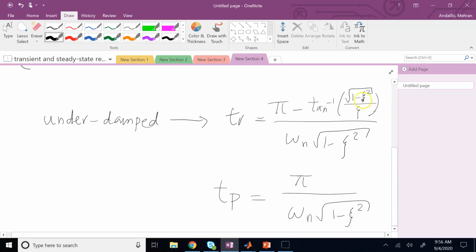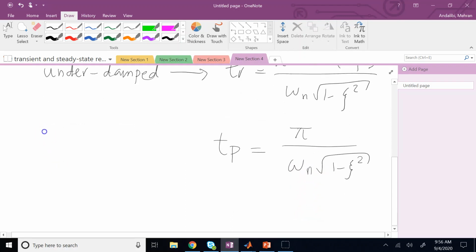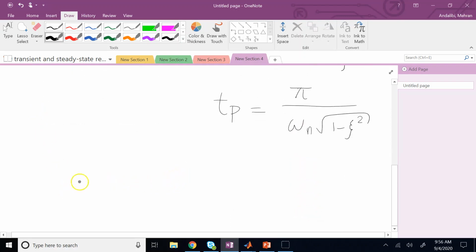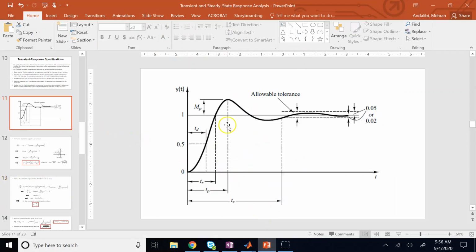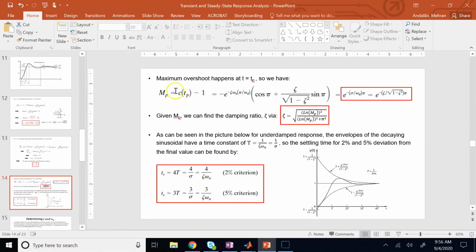So it is very similar. Again, you don't have this arctangent part. Okay, and then for maximum overshoot, you have to plug this Tp back into your y, find how much y is, and subtract it from 1 to get MP. That's what is done here.